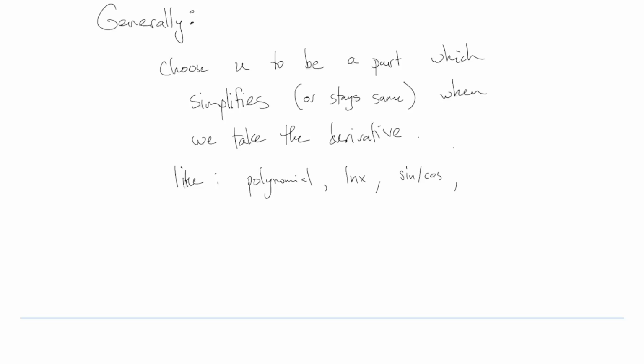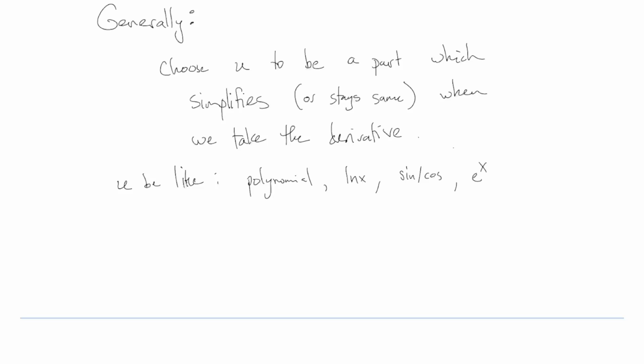Or sometimes e to the x. And again, e to the x doesn't get simpler when you take its derivative, but at least it doesn't get more complicated. So sometimes e to the x is a good choice for the u, all right? So these are good choices for the u: polynomials, ln, sine, cosine, e to the x, that kind of thing.